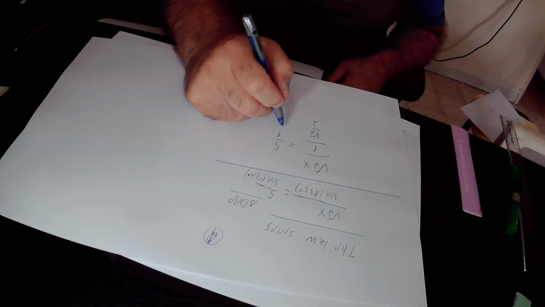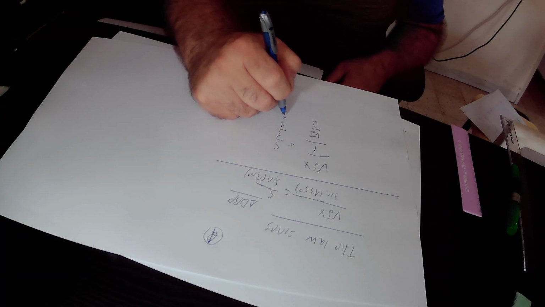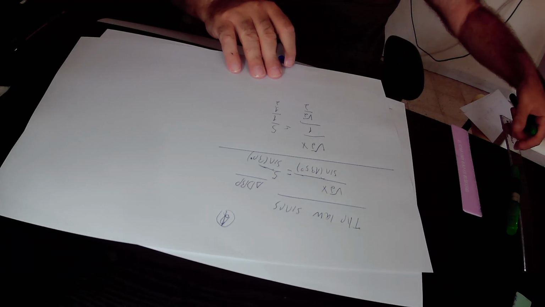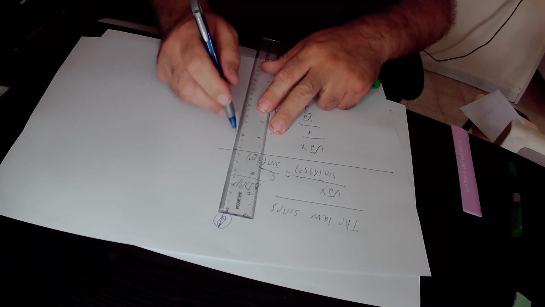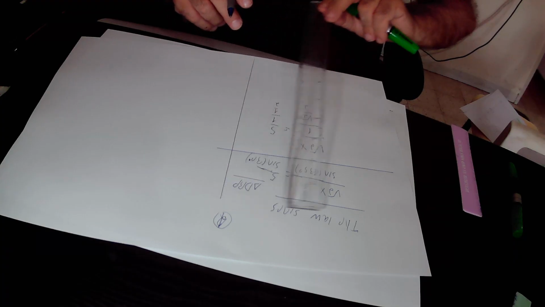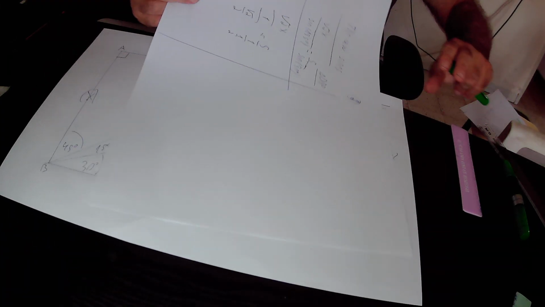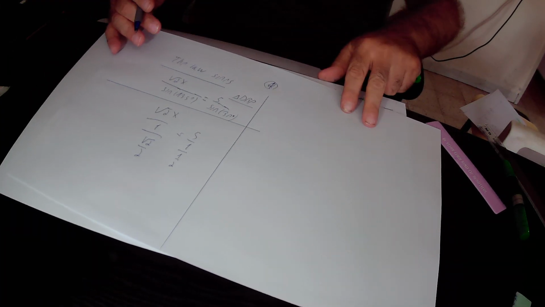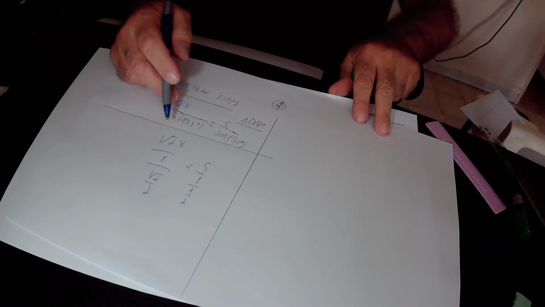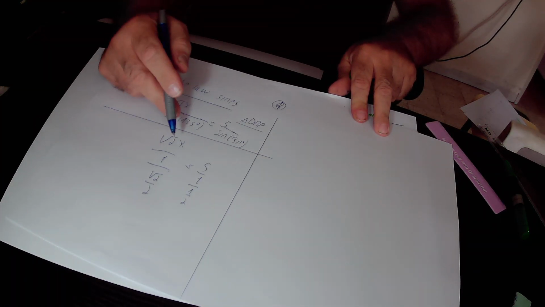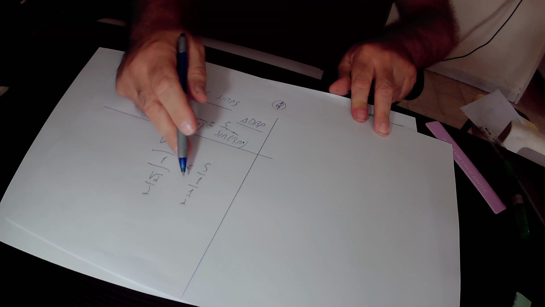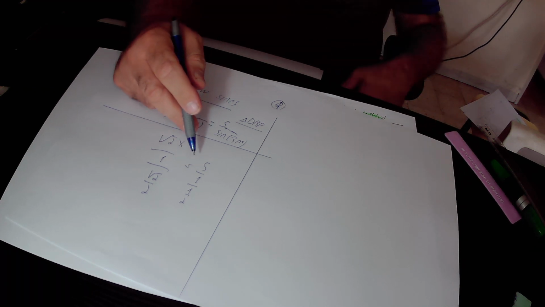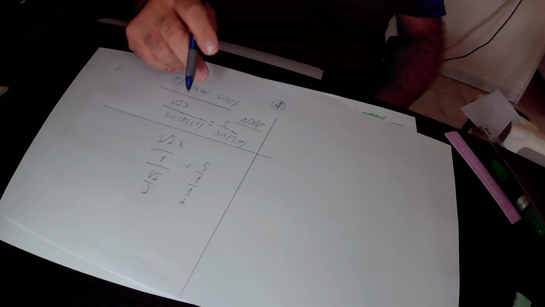Sine 30 degrees is 1 half. So we find that square root of 2 times x over square root of 2 over 2 equals 5 over 1 half. 5 over 1 half is 10.